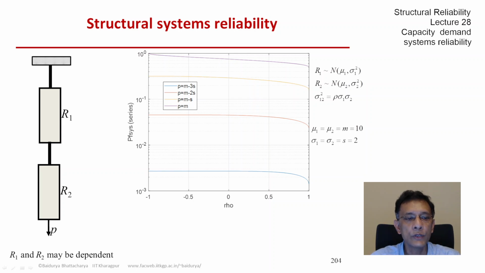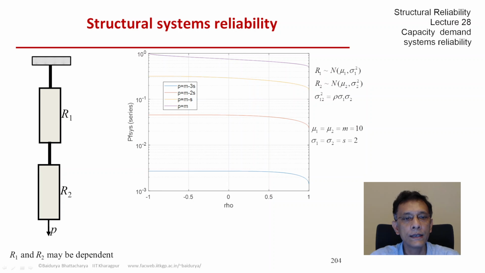So you see the entire range of rho on the x-axis starts with -1, full negative dependence, and ends with 1, which is full positive dependence. And in the middle, rho 0, which for joint normal is equivalent to saying that they are independent. So we go through the entire range.